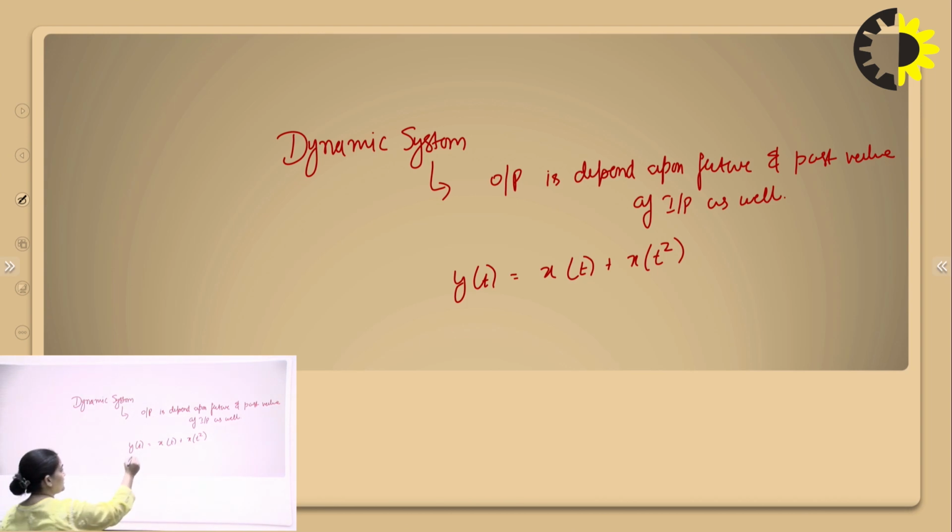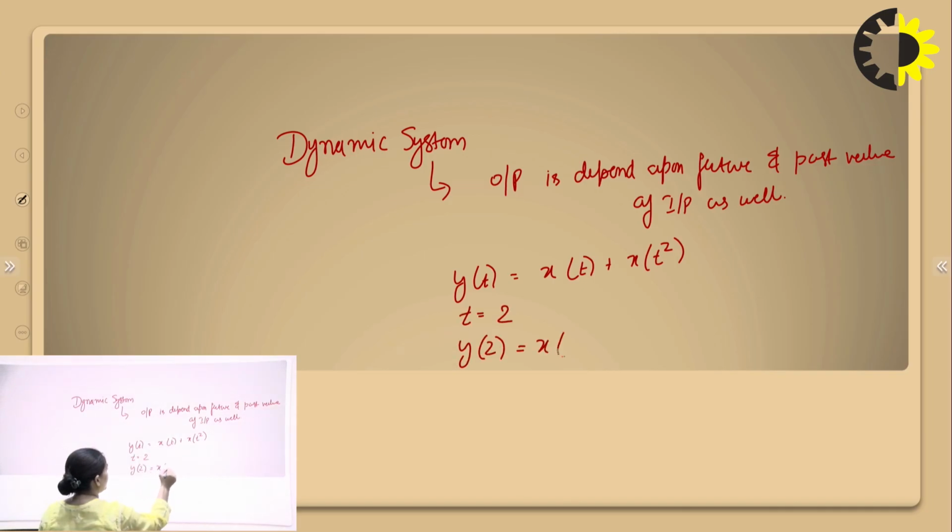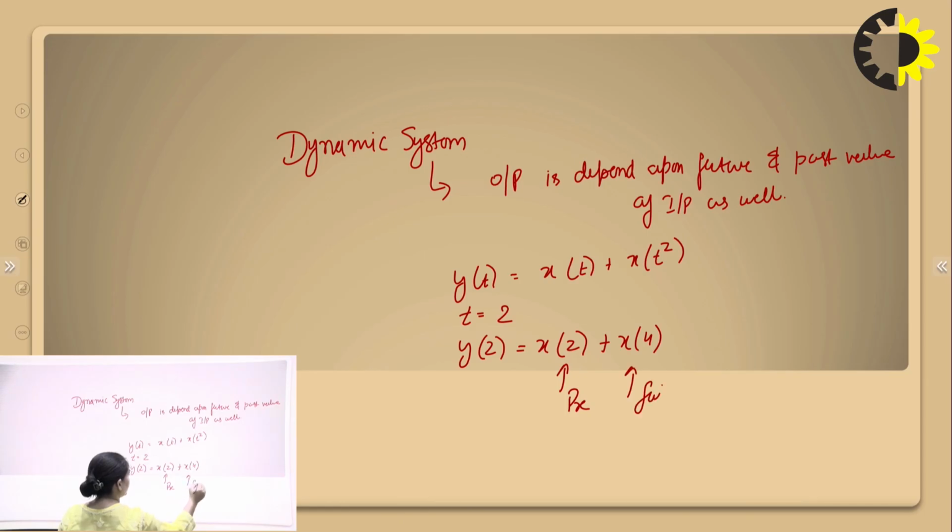For t equals 2, y of 2 is equal to x of 2 plus x of 4. So this is the present value obviously, but this is the future value, so it is a dynamic system. In a dynamic system the output can depend on any values, present, future, past. So not only present but future and past as well, then the system is a dynamic system.